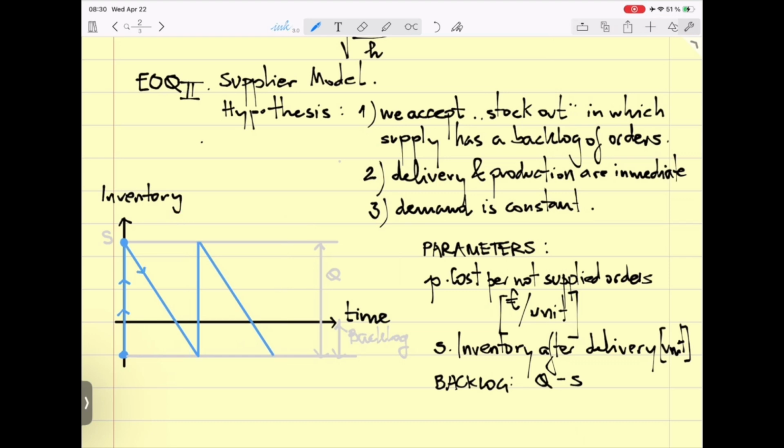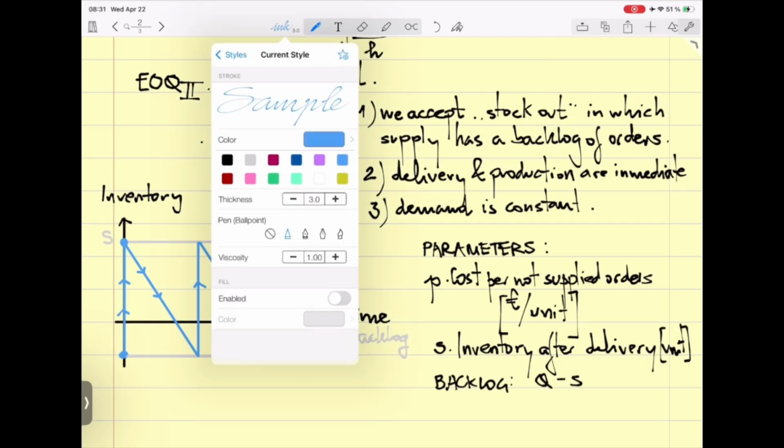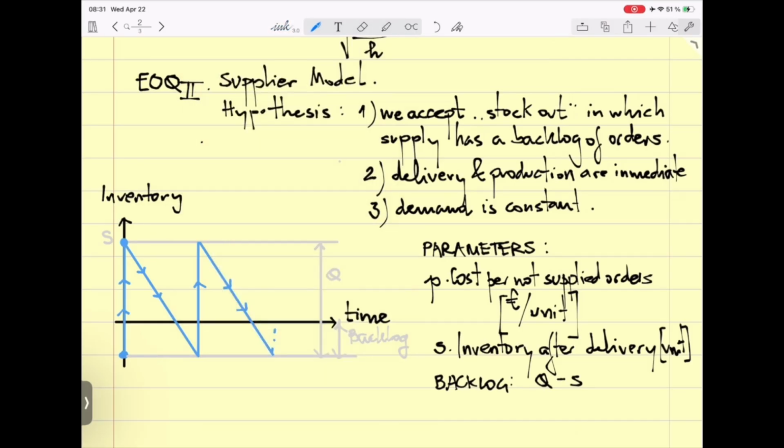So in this model, we have some important times. This is T1, the point where this touches 0. From there we are depleted. This is T1 and this is T2, the moment in which we deliver.